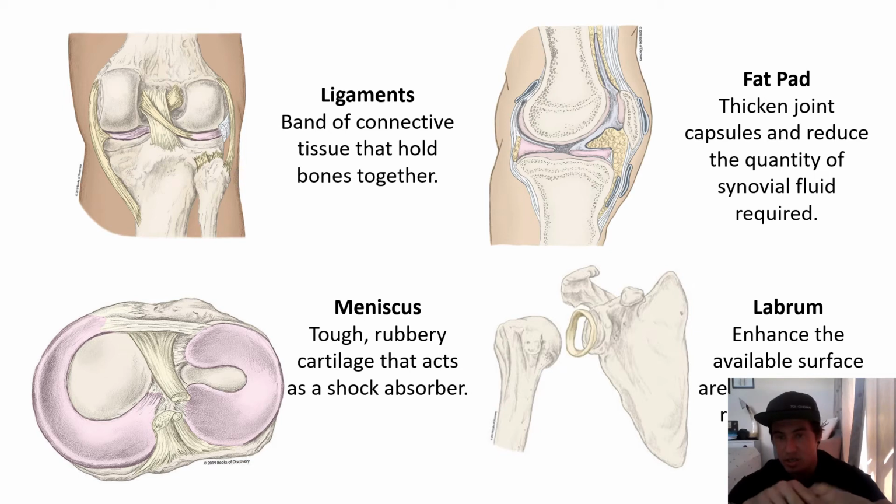Labrum is something that can enhance the amount of surface area available to increase stability or integrity within a joint. This picture is showing it at the shoulder. It looks like a squid ring that surrounds the glenohumeral joint. The glenoid cavity of the scapula is pretty shallow, so this labrum can help provide a little bit more surface area to allow a little bit more movement at that shoulder joint.